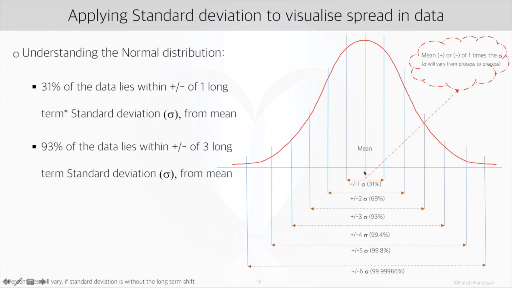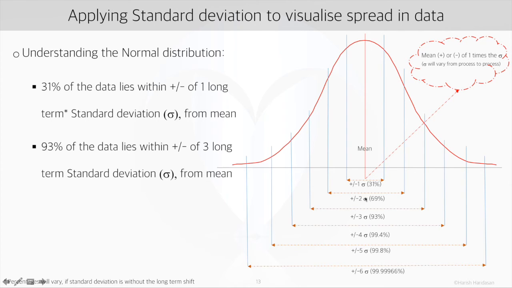So 1000 minus 5 becomes 995. And on the higher side, it becomes 1000 plus 1 times the standard deviation, which was 5. So 1000 plus 5 becomes 1005. So in this range, which is 995 to 1005, we can expect 31% of the data to be present in the distribution.